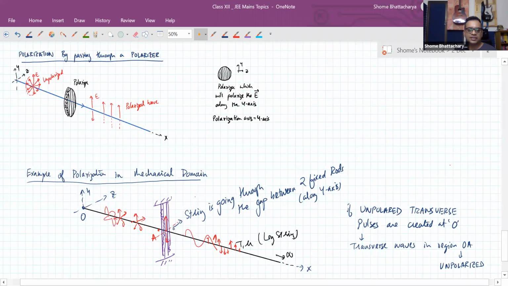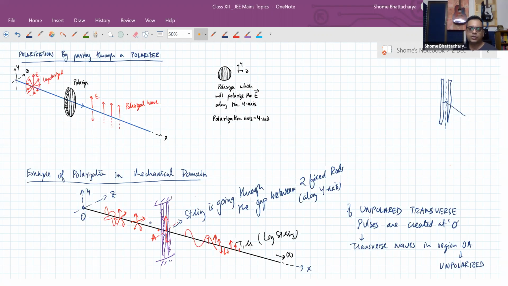So some similar kind of process, which I will explain in a sort of example manner. Because see, it's like this. You have those two fixed rods, and the string is threaded in between them. Now these are very close to each other, so they don't allow displacement in this direction. They only allow displacement in this direction. You're understanding this, people?